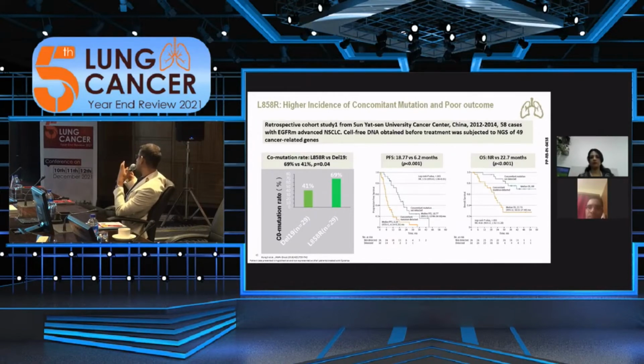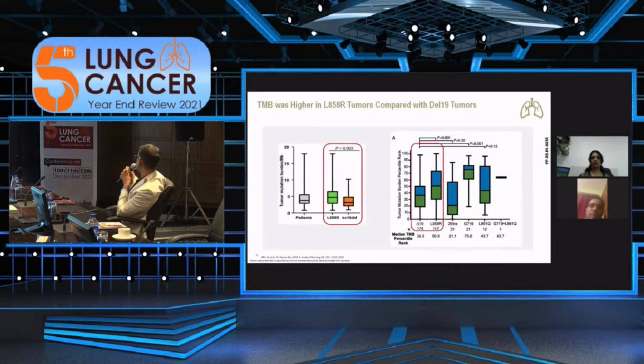The other thing is, when we're choosing treatment, when I have an L858R, those curves on the screen tell me that they will probably progress within less than a year, and even with the best drug we have, osimertinib, the PFS is not very great. So that is where I would want to intensify my treatment upfront, knowing that in lung cancer not many will go on to second line.